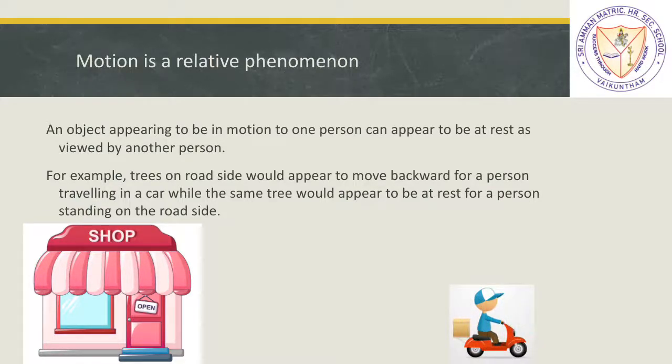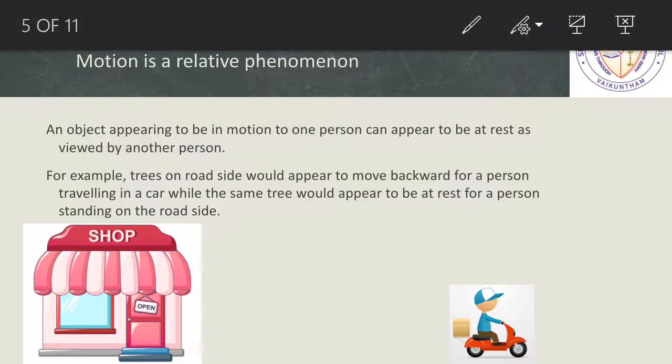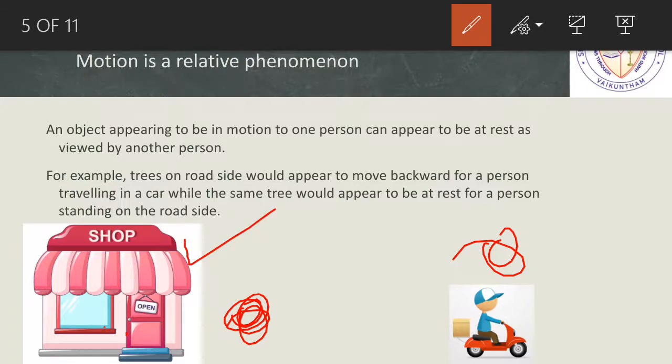Now he travels from this position to this position. From here to here he has traveled. With respect to whom? The shop. So with respect to this shop, the delivery boy has changed his position from A to B. Let us call this point A and this point B. So then we say that the object has moved.